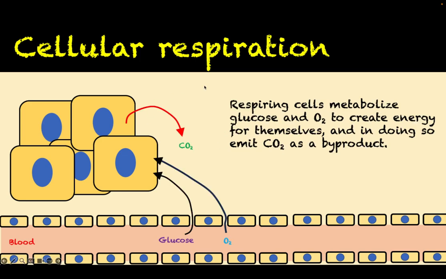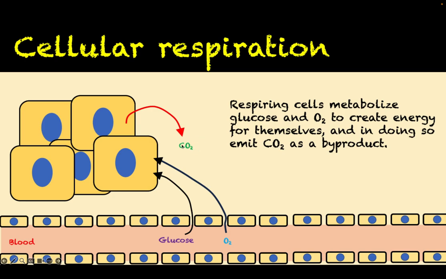What respiring cells are going to do is carry out the metabolic process of cellular respiration. They are going to obtain glucose and oxygen from the blood, and in going through the cellular respiration process, they will give off carbon dioxide as a byproduct.